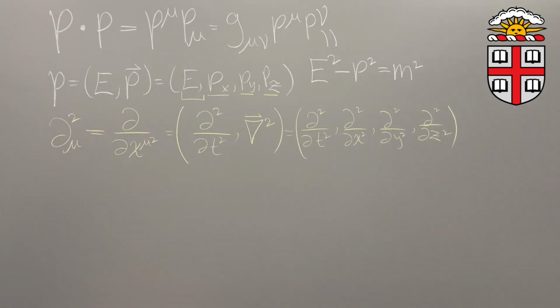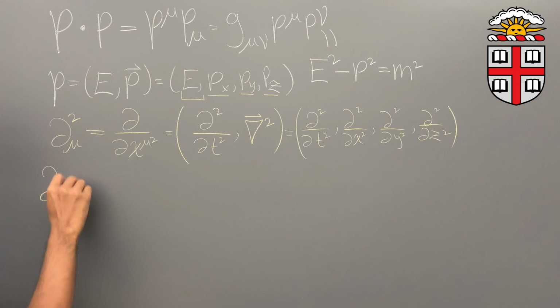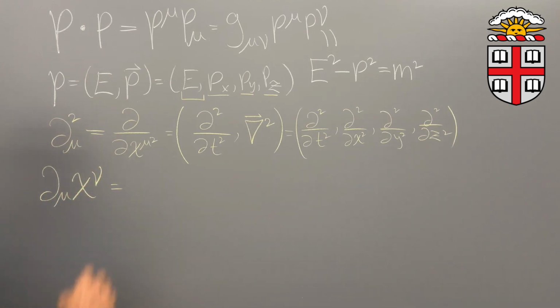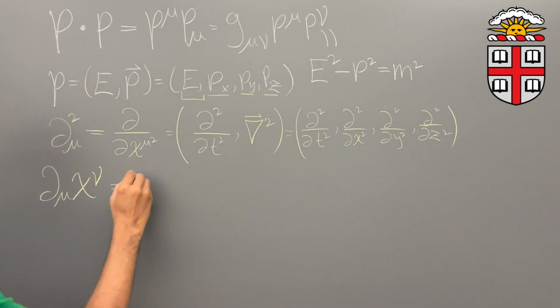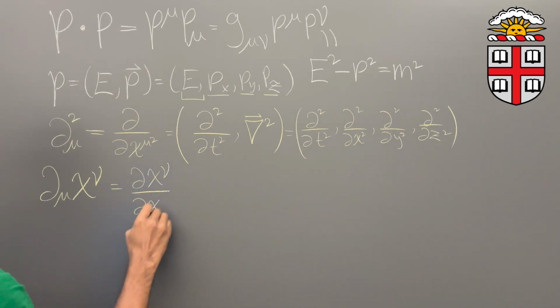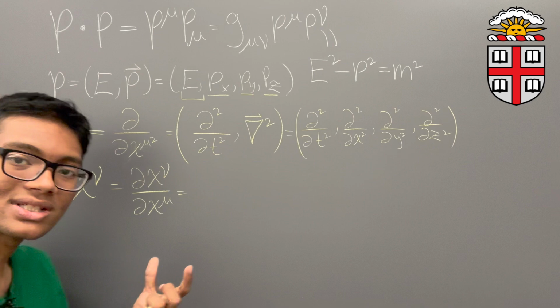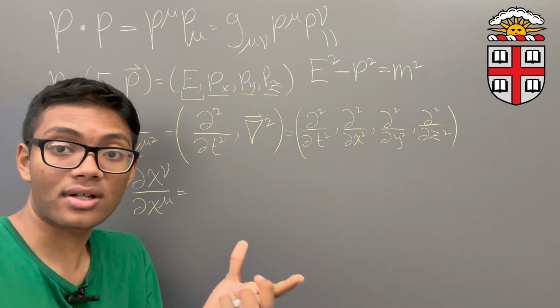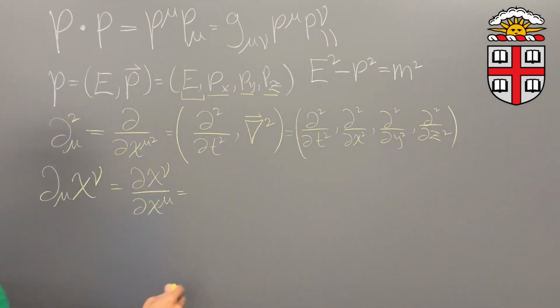And now let's take a look at yet another example. If we have, for instance, partial mu of x to the nu, what would that mean? Well, that would mean we're taking the derivative of x to the nu with respect to x to the mu. But of course, if we're using an orthogonal coordinate system, then this is simply 0.